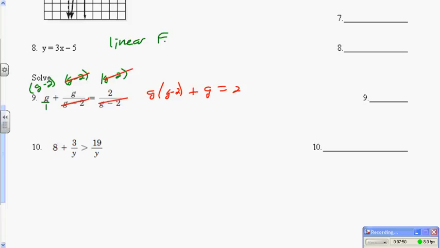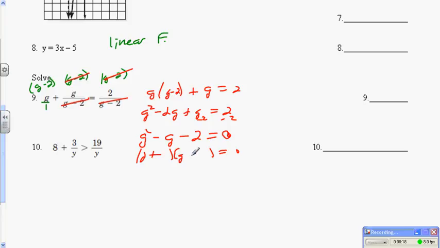So g squared minus 2g plus g equals 2. So g squared minus g minus 2 equals 0 if I subtract 2 from both sides. Now I want to subtract 2 from both sides because I have a quadratic. To solve quadratics, we said equals 0 and factor, if possible. Alright, so we have solutions at -1 and 2.